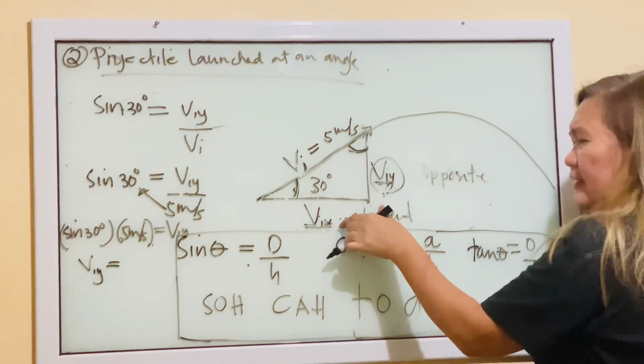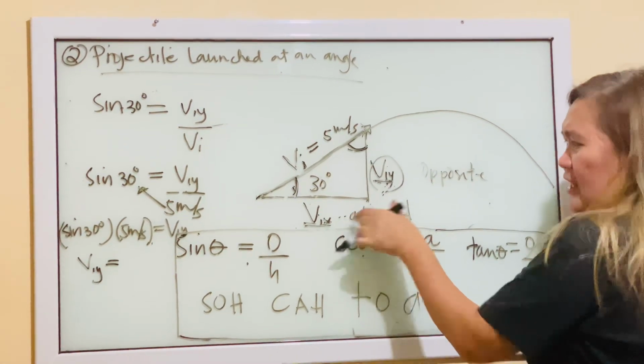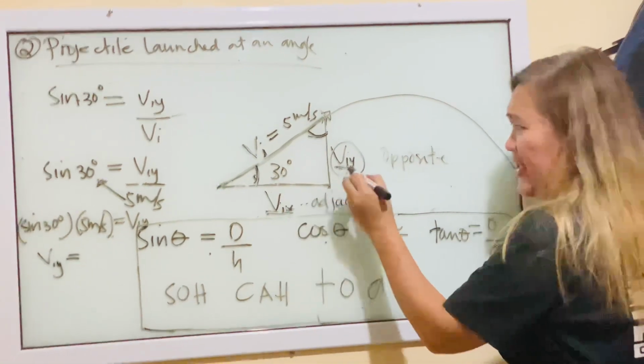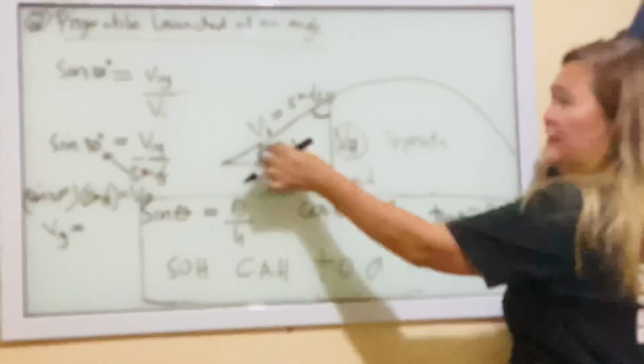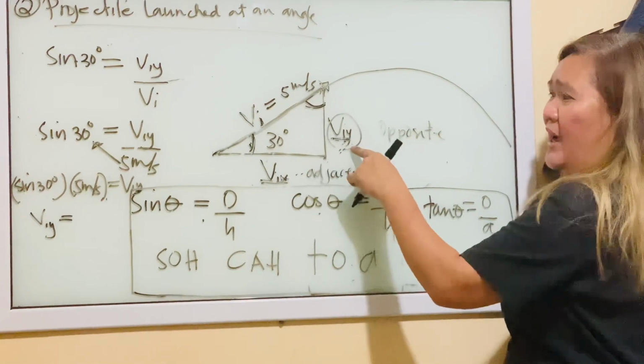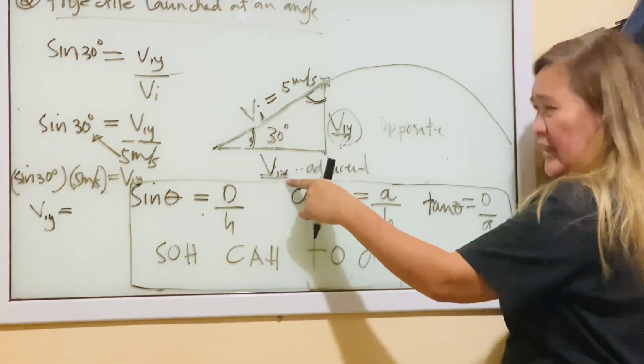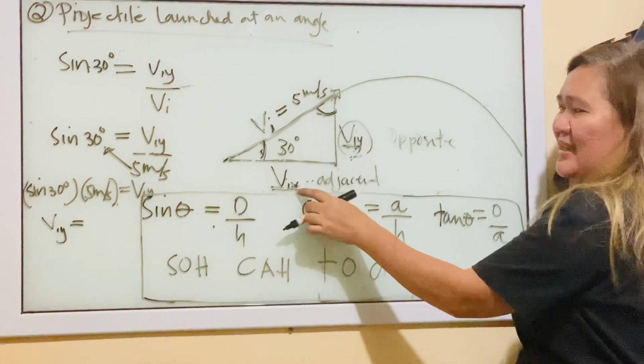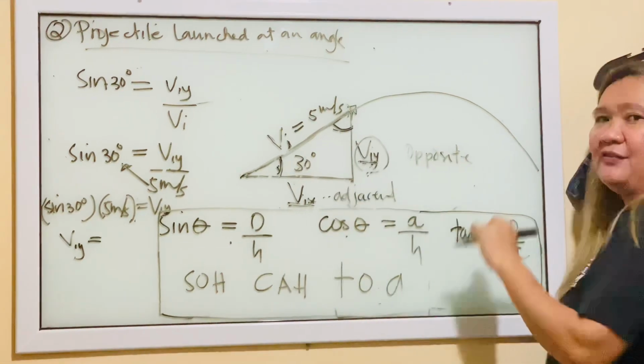Now, which one is your adjacent and opposite? By the way, why do you need to solve for V sub IX and V sub IY? Remember that V sub I is a combination of X and Y. Meron siyang X component and Y component. And you also remember that X and Y are independent from one another.